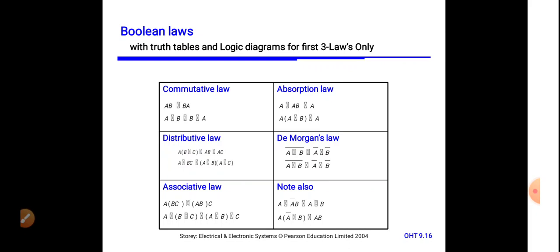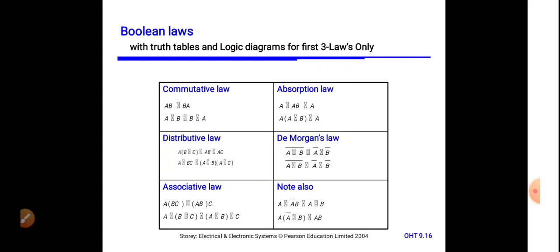If the third column is equivalent to the fourth column, we can say that A dot B is equivalent to B dot A. Similarly, if you have three variables, we will have 8 combinations from 000 to 111, that is, the decimal equivalents of 0 to 7.